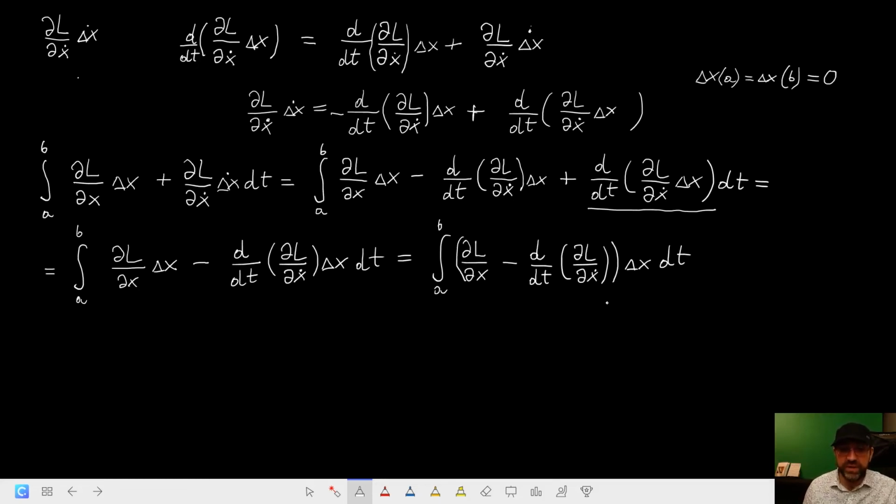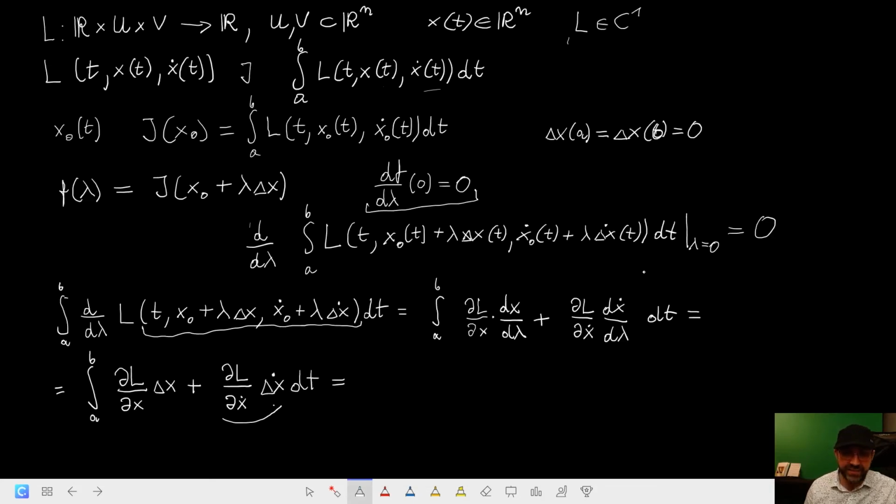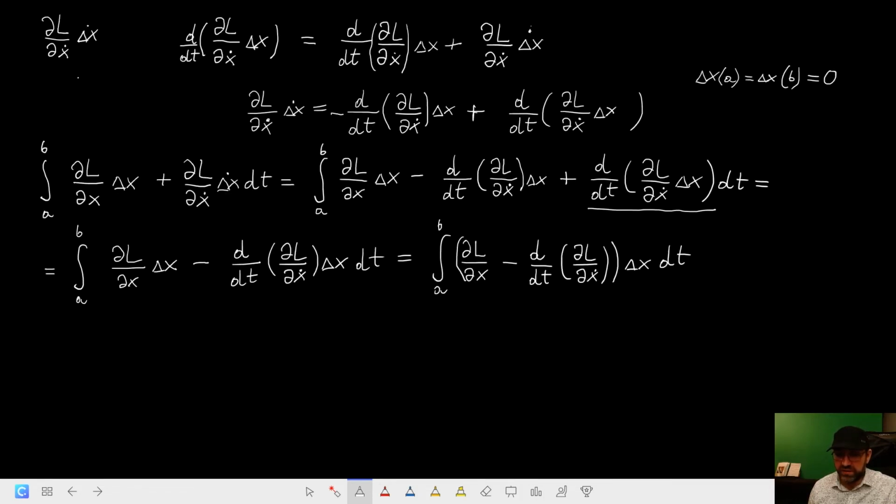So what we know about this, if we return to the board, is that this at point delta lambda equals 0 is equal to 0. So this whole expression that we calculated for lambda 0 is equal to 0. I will write this explicitly.